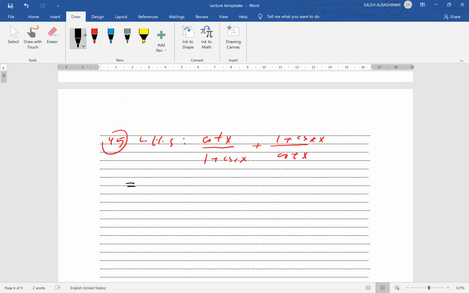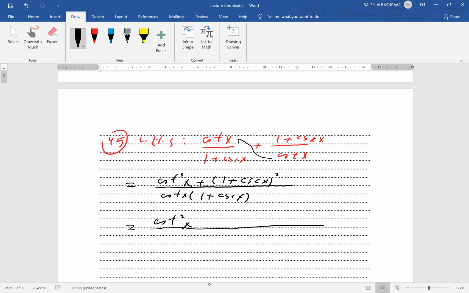I will have, for the denominator, cotangent x multiplied by 1 plus cosecant of x. Then cotangent times cotangent will give me cotangent square plus 1 plus cosecant of x all to the power 2, which can be written as cotangent square.